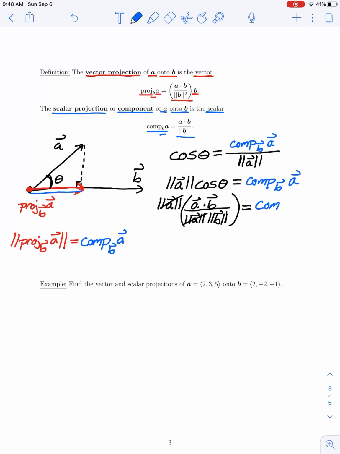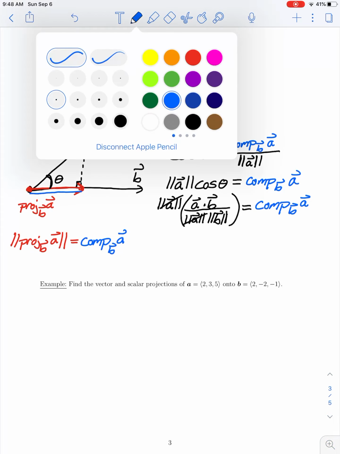And so the component of A onto B is given by the dot product of A and B divided by the magnitude of B. That was the formula that we had given in the definition. So once we have that magnitude, how can we get the vector projection of A onto B? Well, let's think about it.